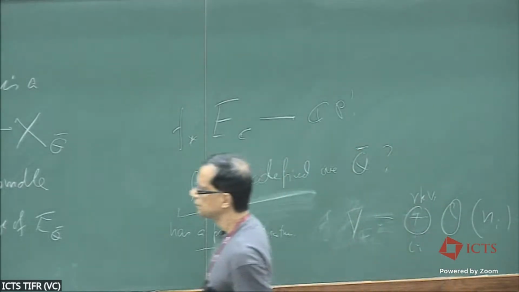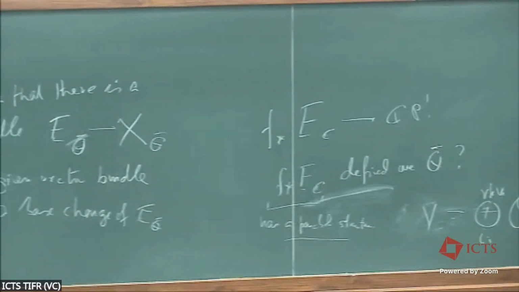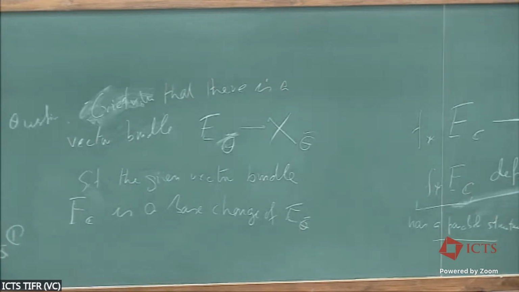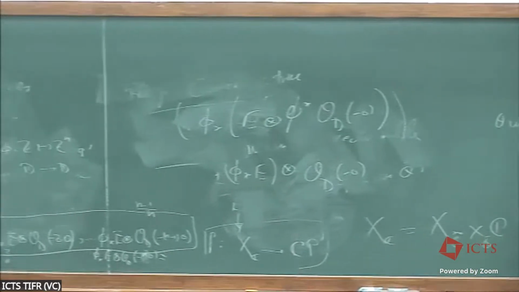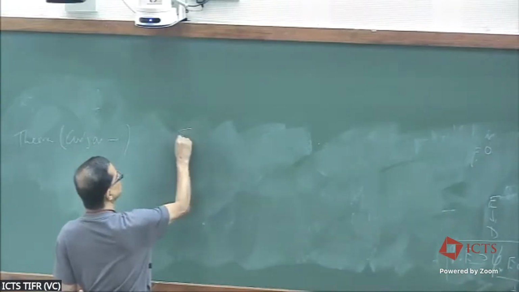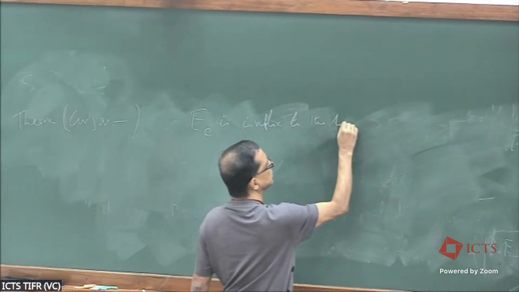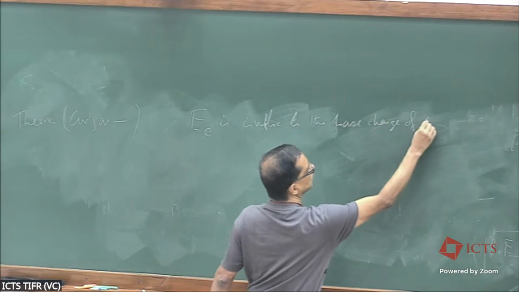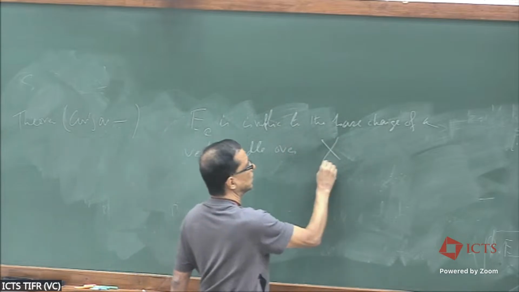So now we can state our theorem. I'll use the same notation. E_C is isomorphic to the base change of a vector bundle over X_Q bar.